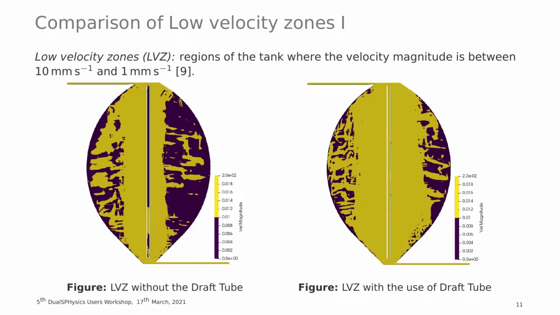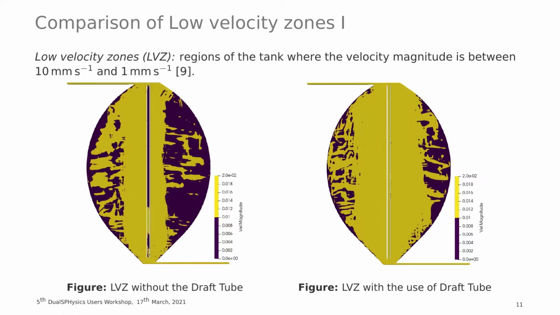These are the orange zones. They're not really dangerous to the tank, but there is substantially less mixing here, which is not really wanted. And you can see that having the draft tube reduces these areas by substantial amounts.